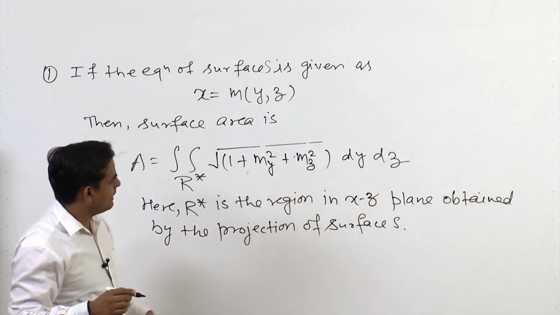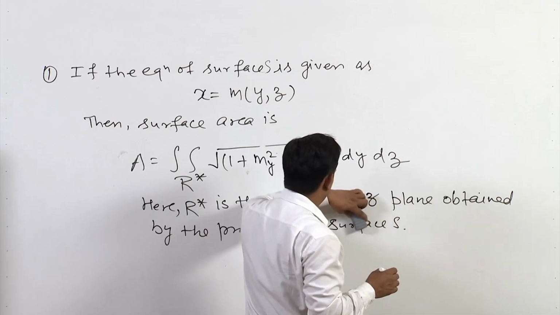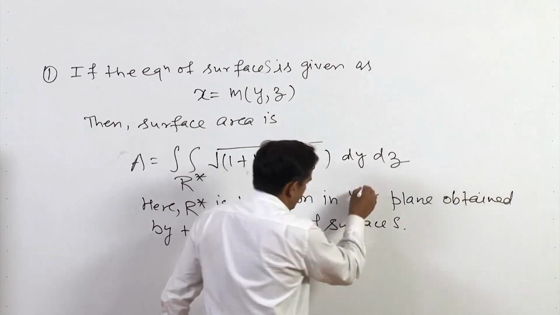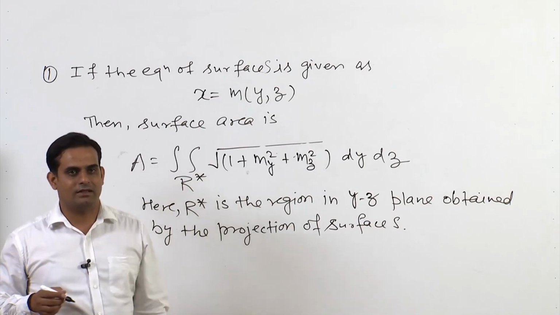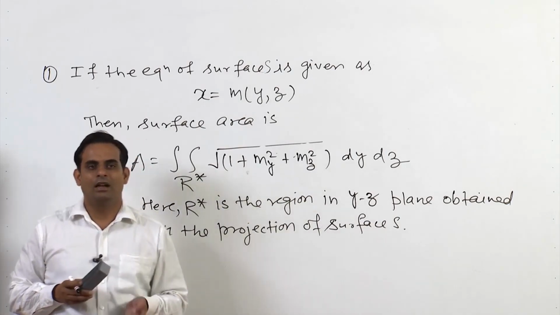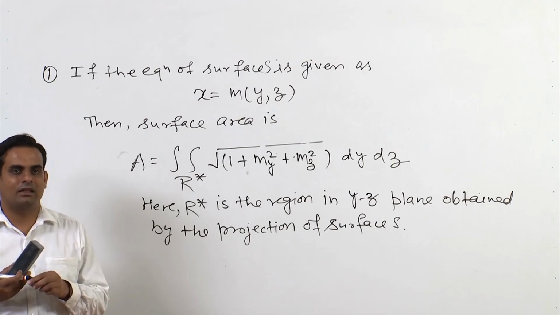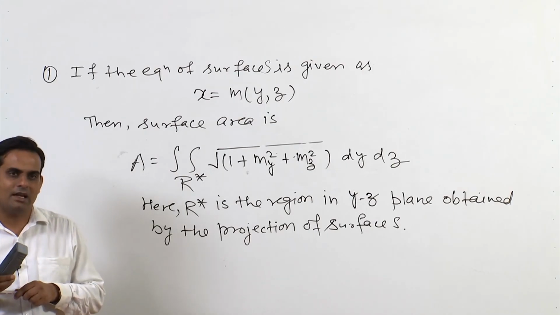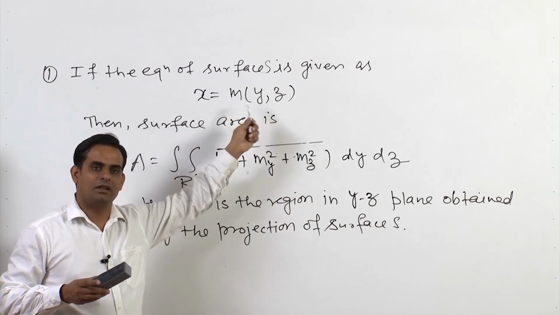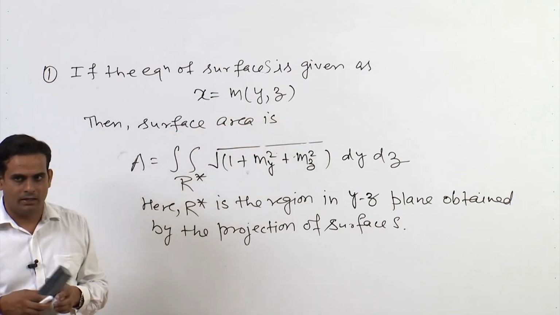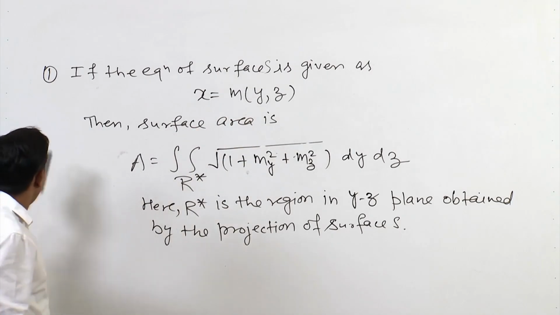Here R star is the region in the yz plane obtained by the projection of the surface S. So in that way I can calculate the surface area of a given surface S based on the equation of the surface. Let us take some example.